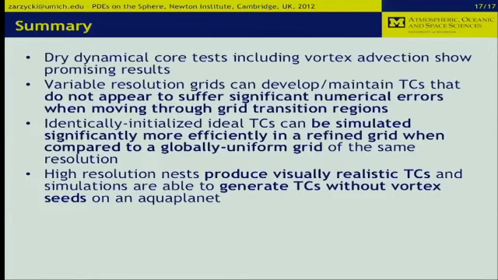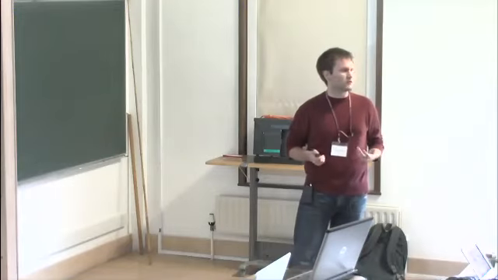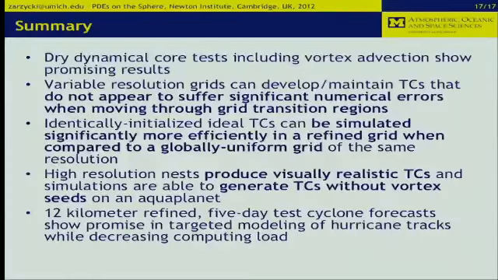High-resolution nests in our aquaplanet simulations can produce visually realistic tropical cyclones, and we can do this without vortex seeds. And then very, very preliminary 12-kilometer refined 5-day test cyclone forecasts show promise in targeted modeling of hurricane tracks, while decreasing your computing load.